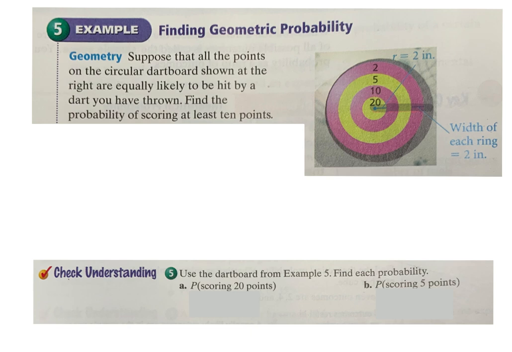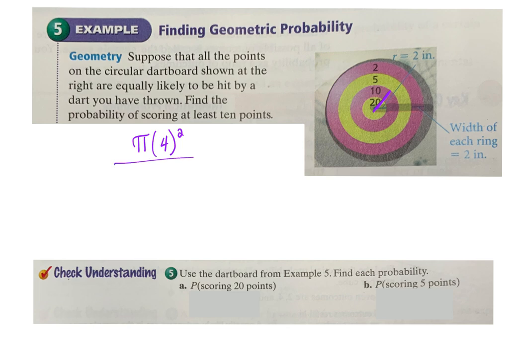And so for this one, I have to actually take what I want. Well, I want at least 10 points. Well, that means I want 10 or 20 points. I want to be in this circle right here. What is the radius of that circle if they're each 2? Yeah, it's 4. So then what's the area of that circle? What's my formula for area of a circle? Pi r squared, right?